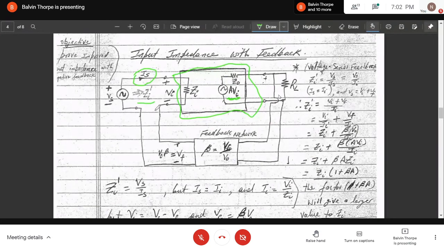Because it's a series circuit, only one current flows, and in this case, on the input side, IS will equal II. Agree with me? Yes, sir. Good.